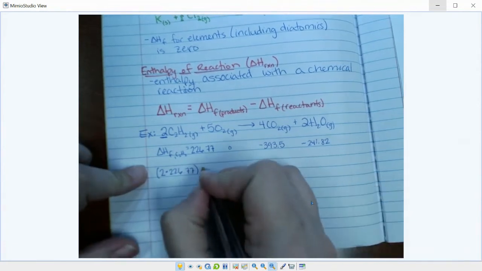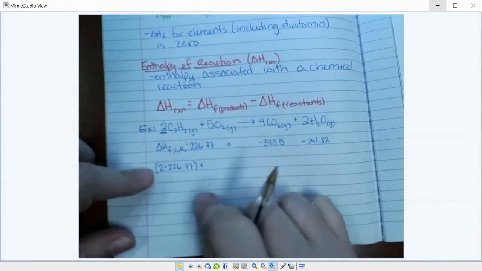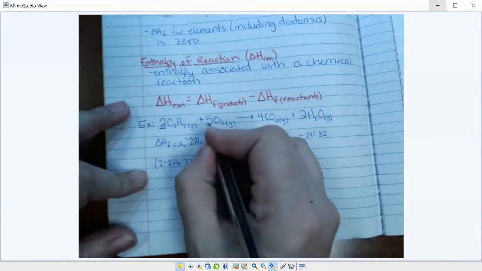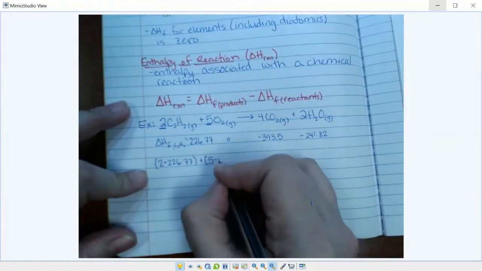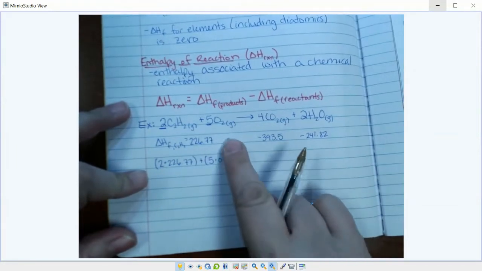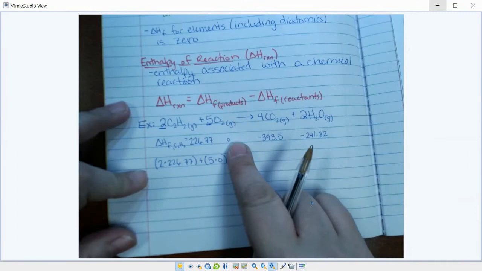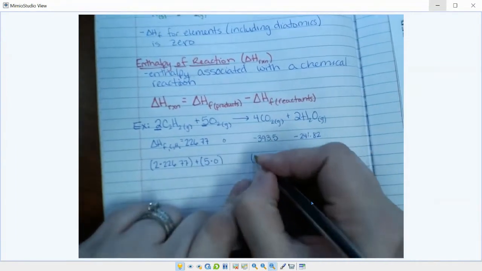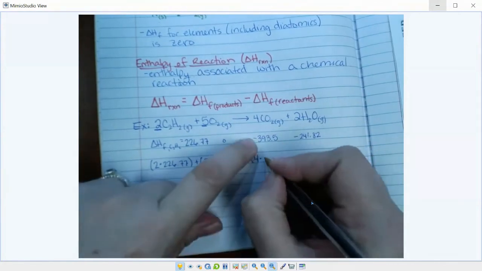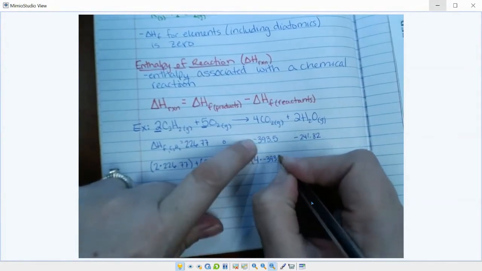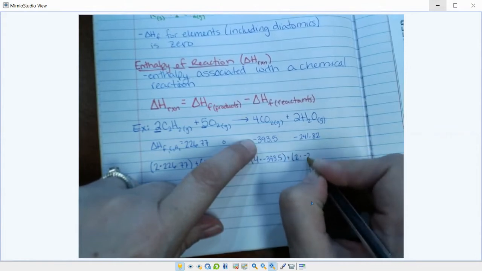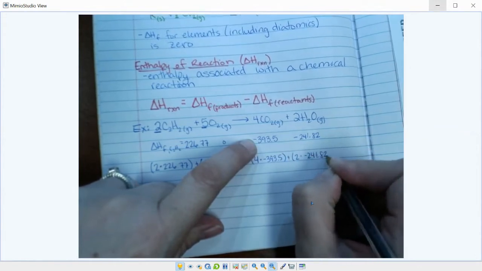And then I'm going to add that because I need the total from all of the reactant side to 5 from the oxygen, but that guy's times 0 because oxygen has an enthalpy of formation of 0. And then I do the same thing over here to the product side. I got 4 times negative 393.5, and I'm going to add that to 2 times negative 241.82.